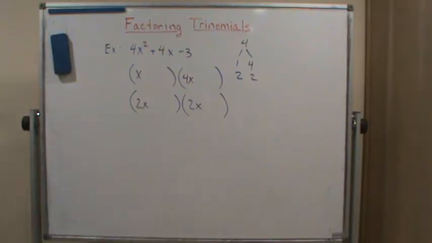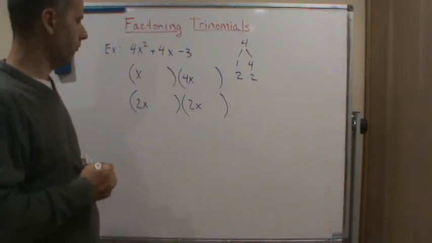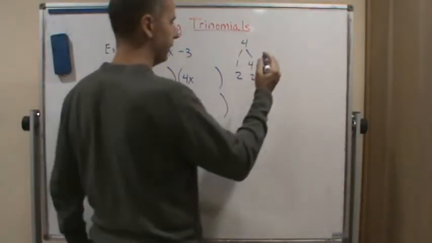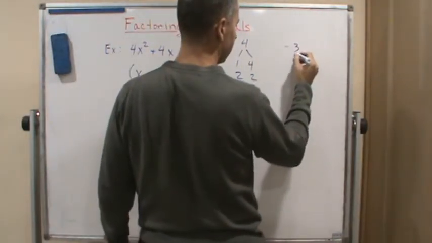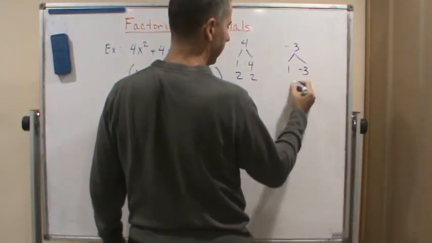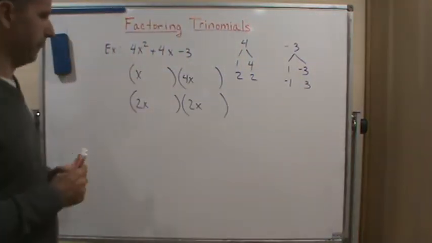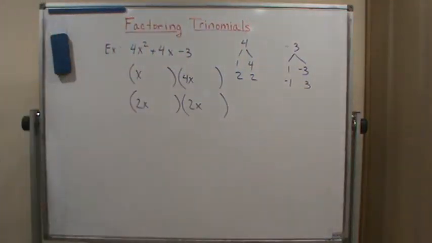And so -3 gives us either 1 and -3 or -3 and 1. And so this gives us many different combinations to work with.